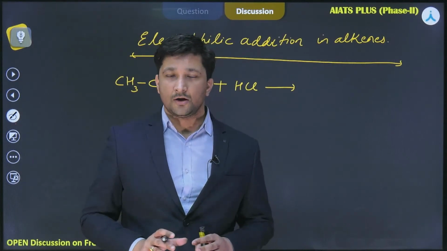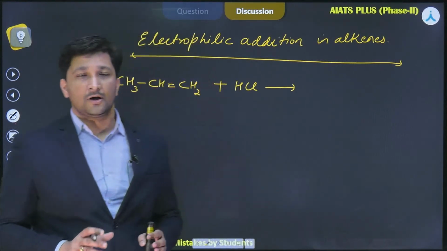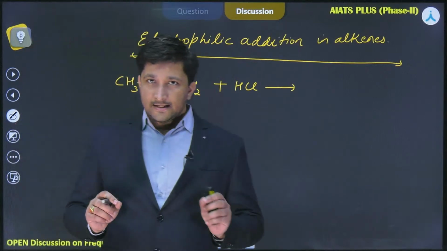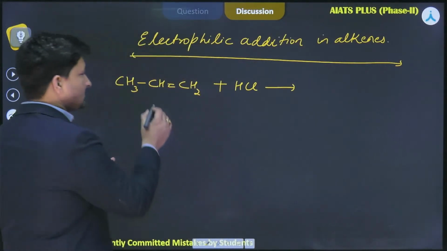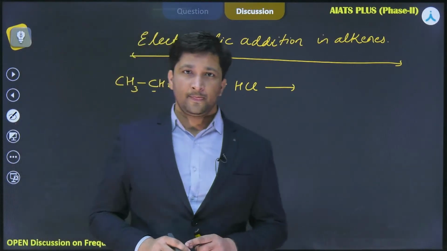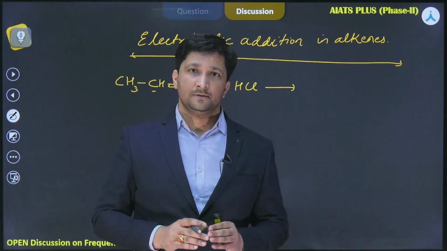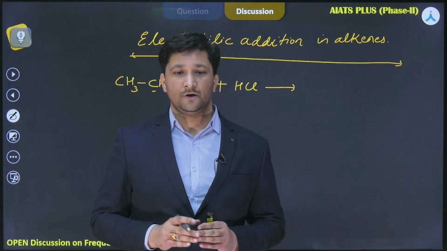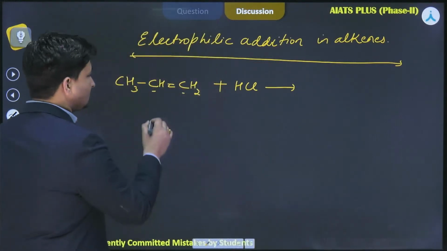Now, first of all, the basic step which is required here is generation of an electrophile, and you all know that electrophiles are electron-loving species. In alkenes, this carbon and this carbon are sp2 hybridized. They have one pi bond, and pi bonds involve sideways overlapping.